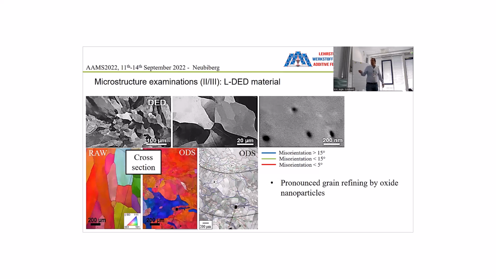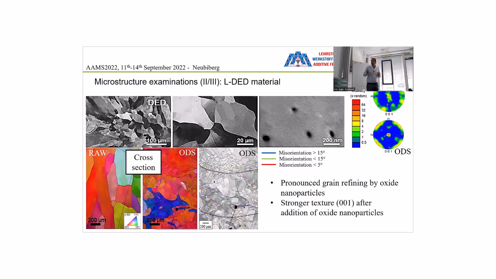Since Ms. Pollock was talking about misorientation, I quickly added this image also to my talk. So we see that we also have some really high misorientation between individual grains. But since it's not a nickel-based alloy, we don't have the problem of cracking in this area. At least we didn't observe this in these studies.